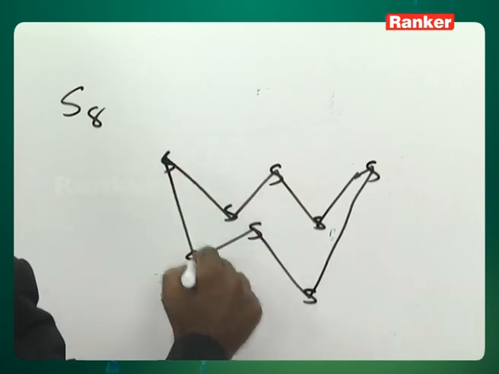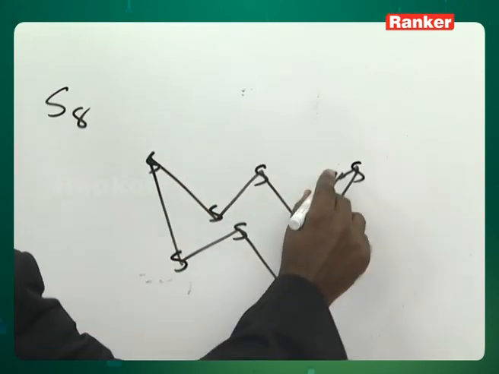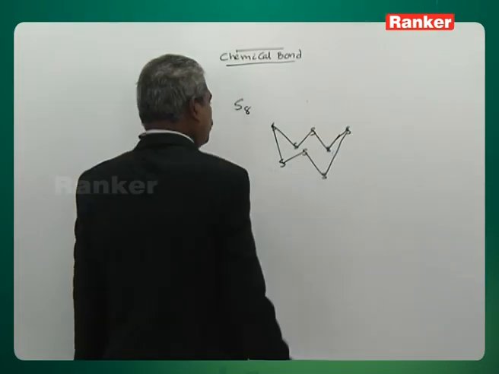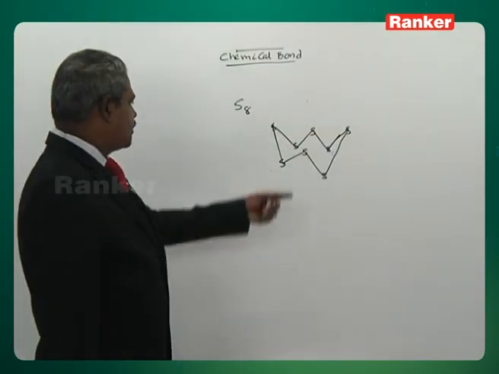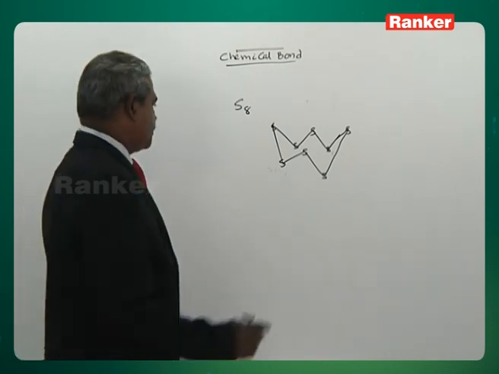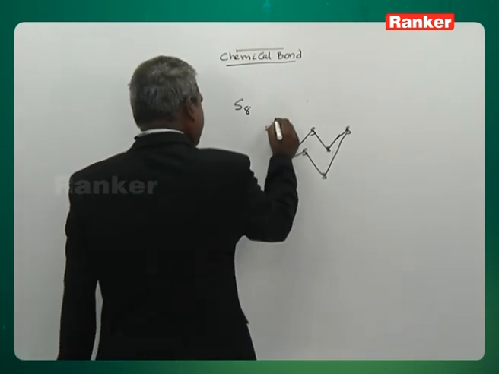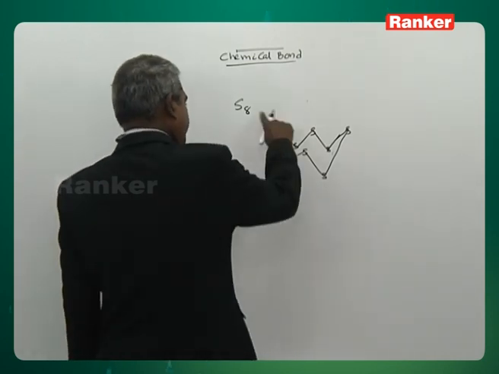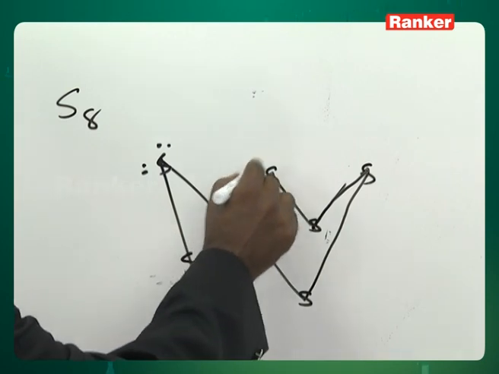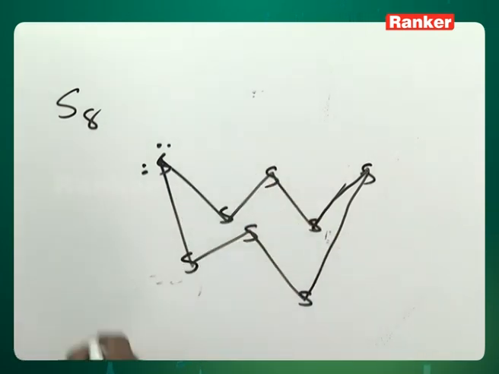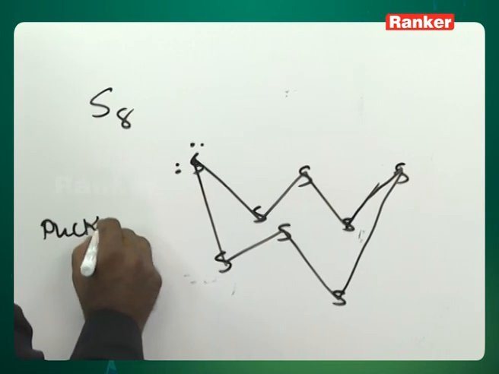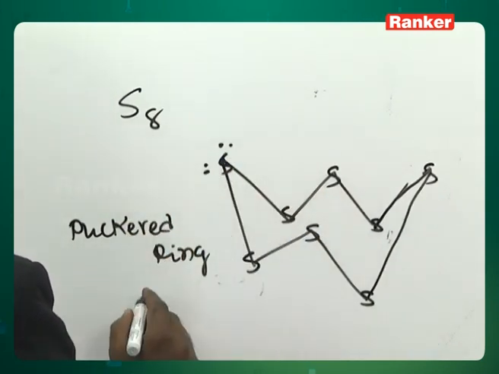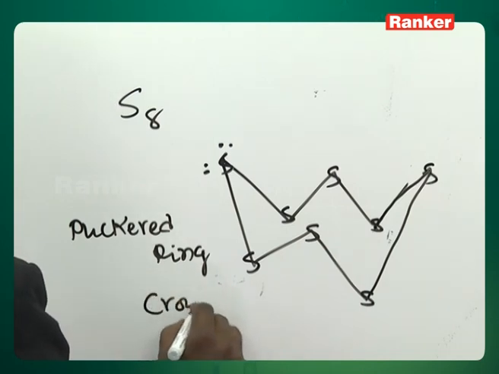Around each sulfur there must be a V shape because of two bond pairs, two lone pairs. You get a crown-like structure or a puckered ring structure, because each sulfur is forming two bonds and two lone pairs, V shape. This is called a puckered ring structure, or a crown structure.